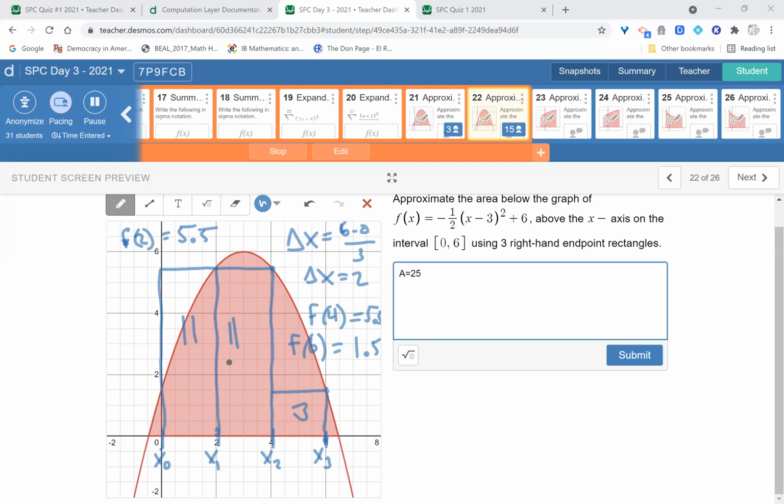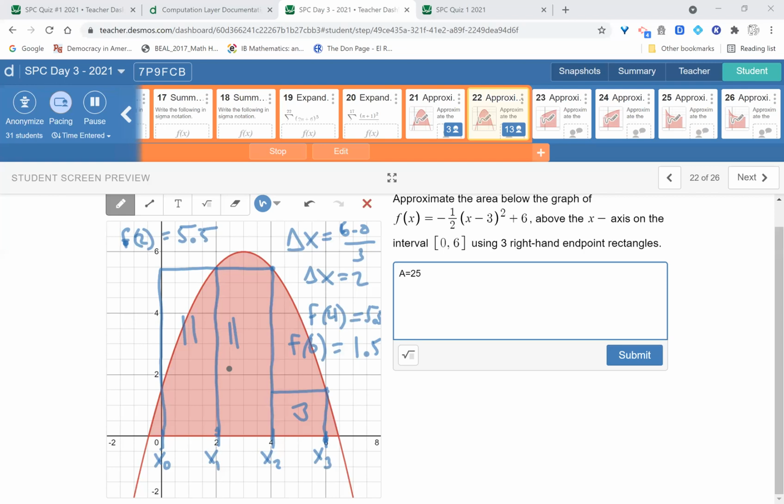The reason why teachers give you a certain type of approximation to do is to make it easier on us when we go to grade everybody's work. If I told you just use any 3 rectangles that you wanted to approximate this area, then literally I could have everybody in the class give a different but true, correct, and valid approximation, which becomes a nightmare for me because then I'm going to have 32 different things to grade and I have to check every single one to be valid in its own right.